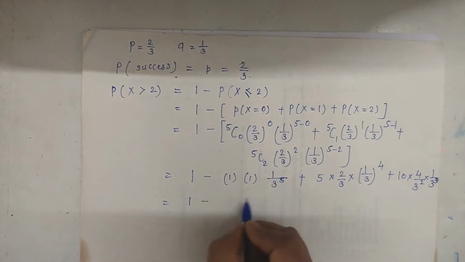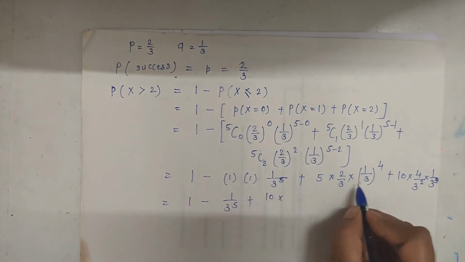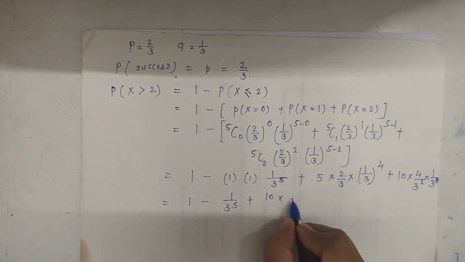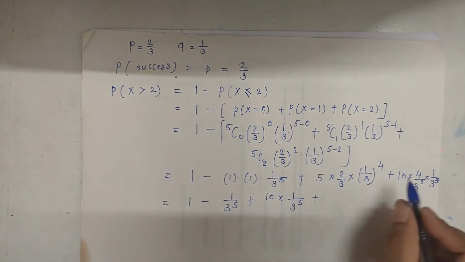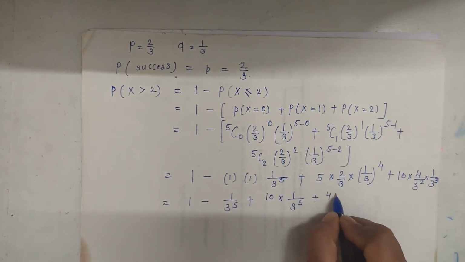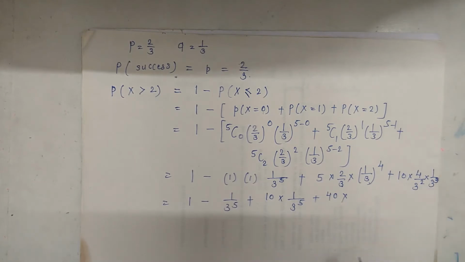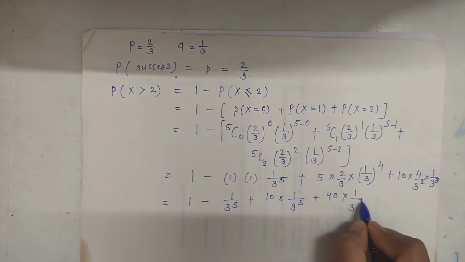Therefore 1 minus [1 upon 3 raised to 5 plus 5 into 2, 10, upon 3 raised to 4 into 3 raised to 1]. So the total index of 3 is 3 raised to 5, plus 10 into 4, 40, upon 3 raised to 2 into 3 raised to 3, that is 1 upon 3 raised to 2 plus 3, that is 3 raised to 5.